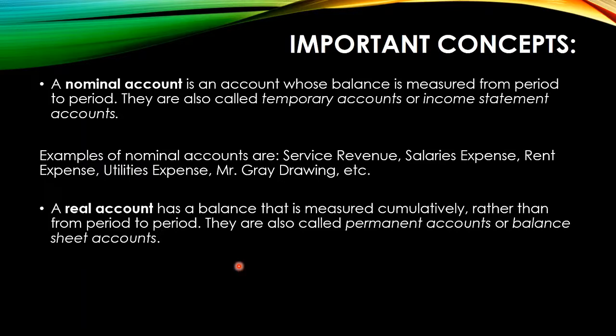Now, when we do our adjusting entries, make sure that one of these is a nominal account and the other one is a real account. This is one way of checking that you have made a quite correct adjusting entry. But if you have an adjusting entry wherein both your debit and credit are nominal accounts, then maybe there's something wrong. Okay?